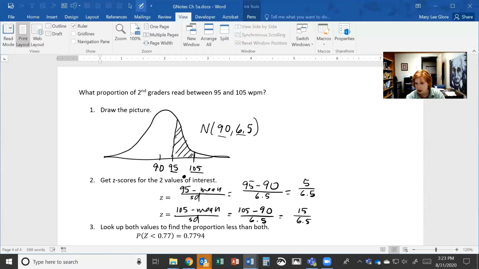If you put that in the calculator, this one is 0.77 standard deviations above the mean, and this z-score is 2.31 standard deviations above the mean.